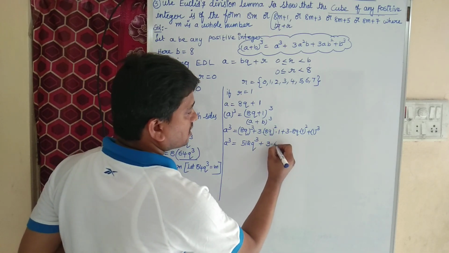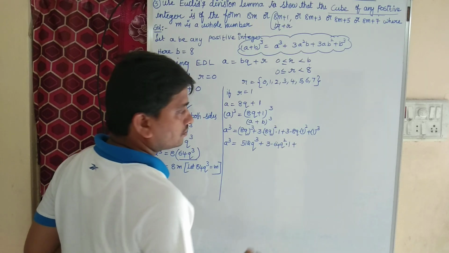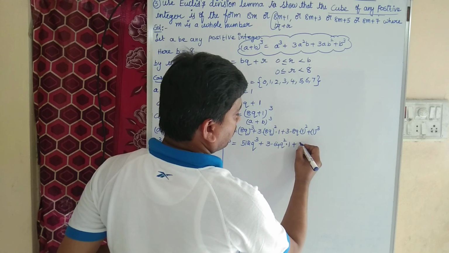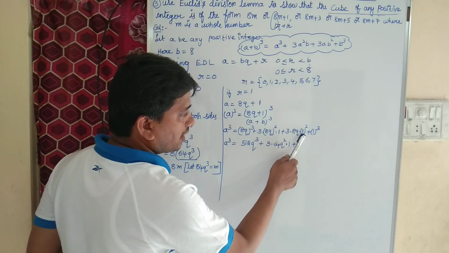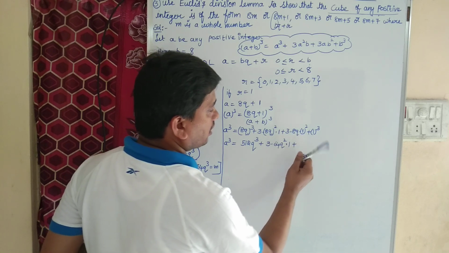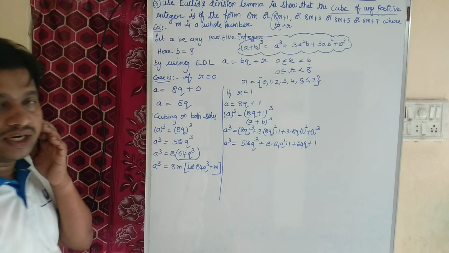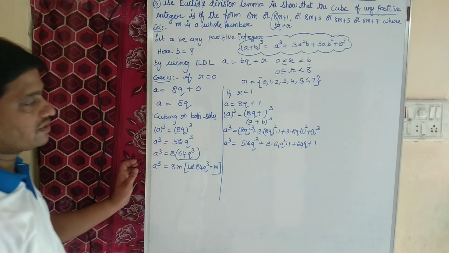8 square is nothing but 64, so 512 cube into 1 plus 3 into 8 square, which is 64 cube square into 1, plus 3 8 is 24 cube into 1 square, which is nothing but 1 only. Plus 1 cube is 1 into 1 into 1, that implies 1 only.